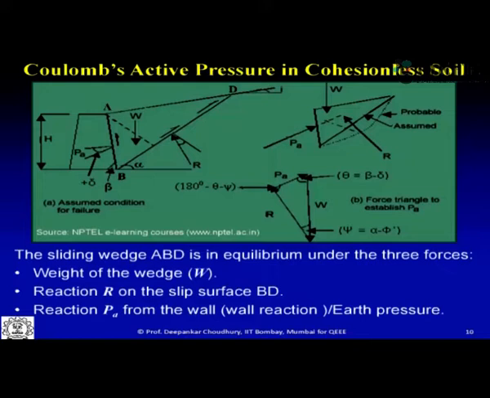When you are drawing the force polygon, you can always plot this force vector using a suitable scale, whatever vector scale you have chosen. That W value you can plot because the direction of W will be vertically downward, that is known, and the magnitude you have computed for a chosen failure angle.